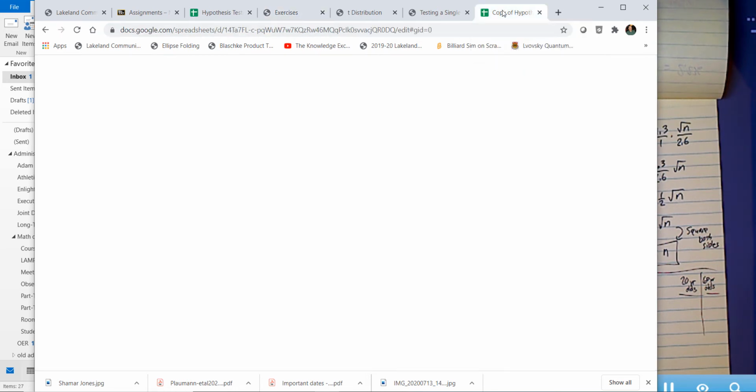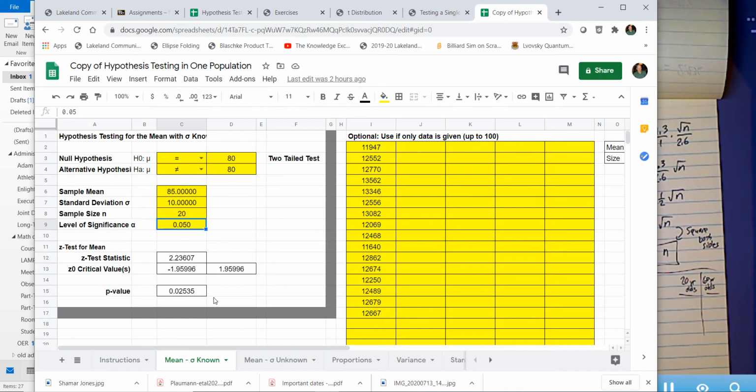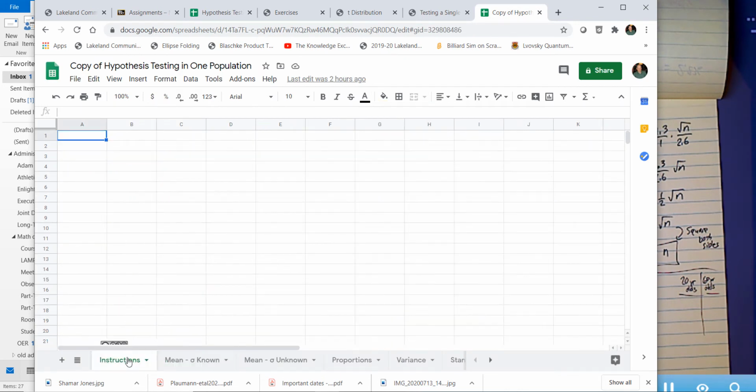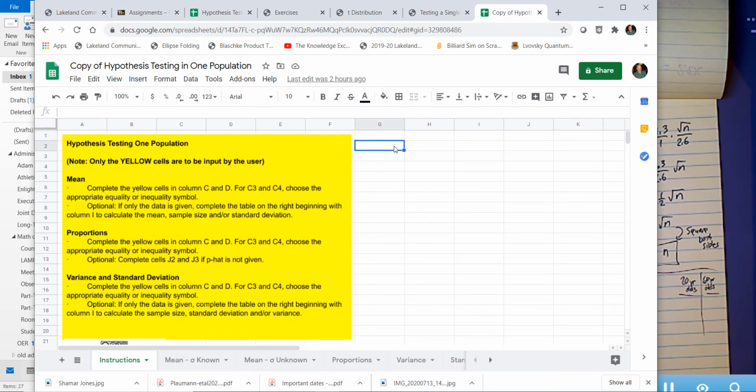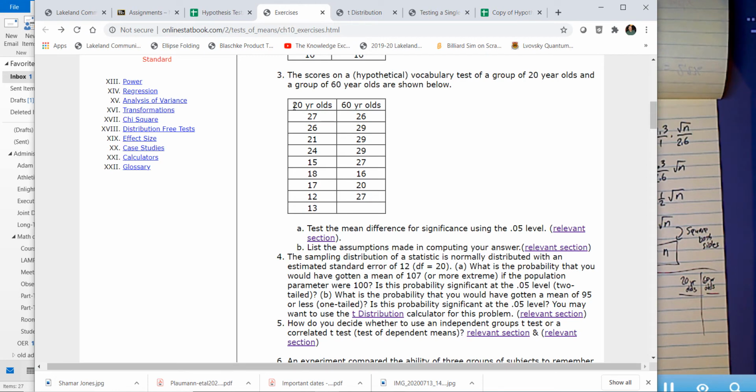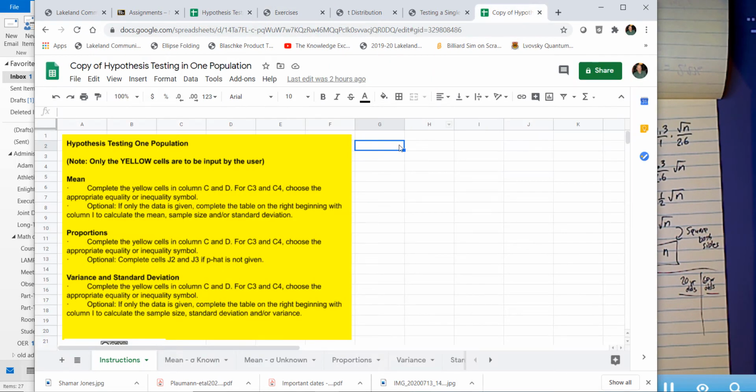Maybe I'll go back to my copy of my hypothesis test. Maybe I'll go right to the instructions page, which is pretty much a blank page. What I'm going to do is see if I can copy this data from the exercise onto my Excel spreadsheet. I'd really like to be able to do that. So let's see if that works out.